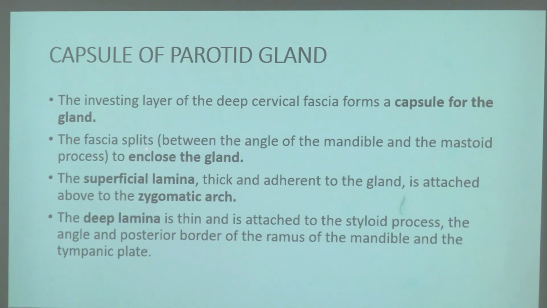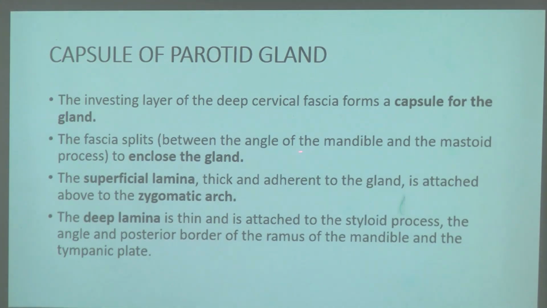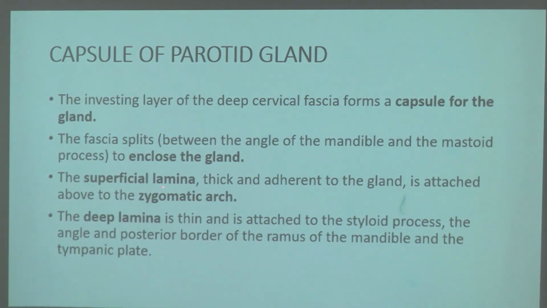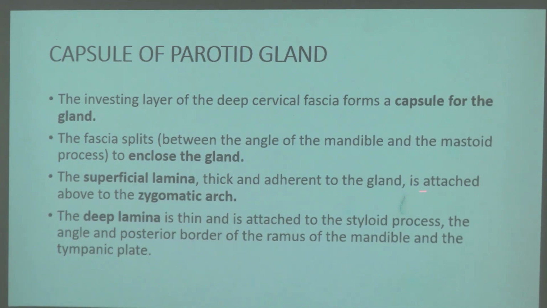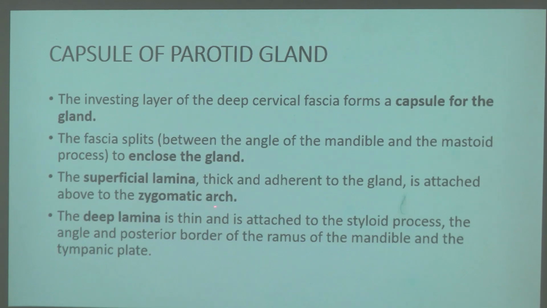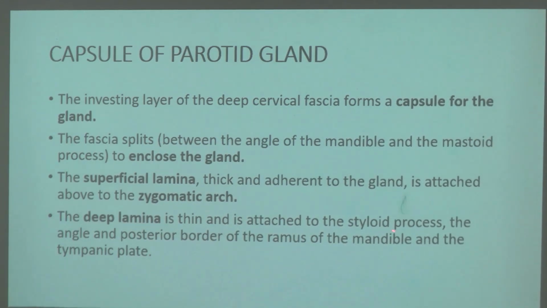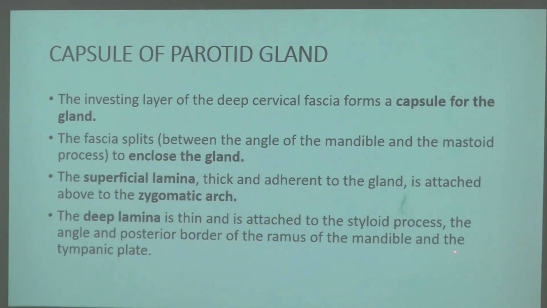The fascia splits into two parts between the angle of the mandible and the mastoid process to enclose your gland. The superficial lamina, which is thick and adherent to the gland, is attached above to the zygomatic arch, and the deep lamina, which is thin, is attached to your styloid process and also to the angle and posterior border of the ramus of the mandible and the tympanic plate.